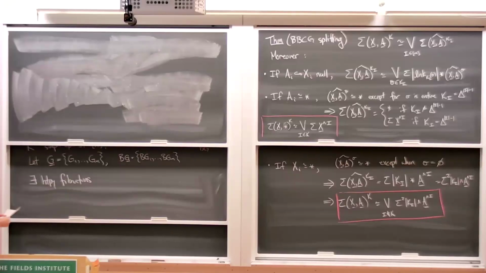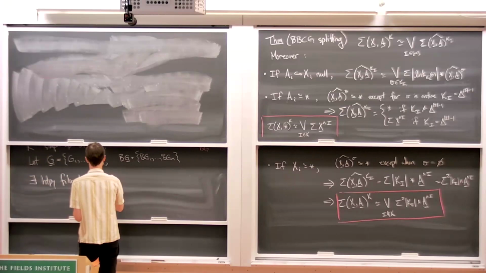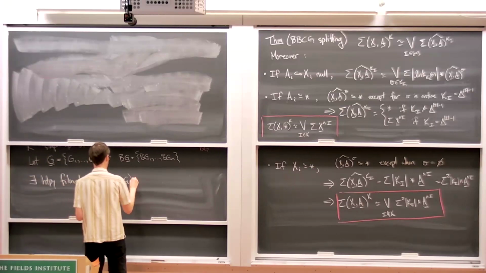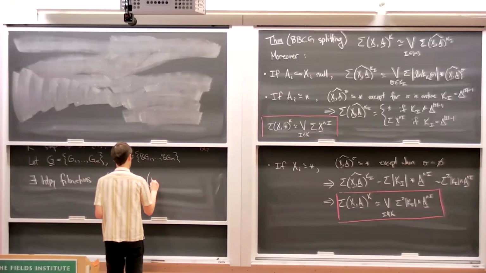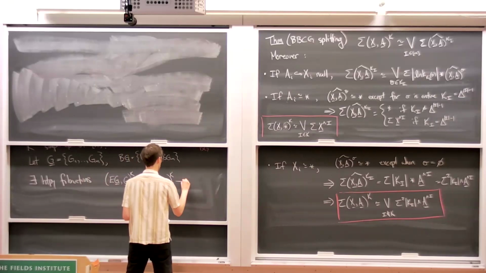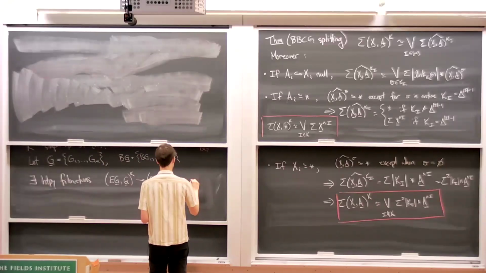And that's exactly right. It turns out that there exist fibrations of the form (EG, G) to the K, the polyhedral product, mapping into (BG, star) to the K. And then this is just an inclusion into the full product of classifying spaces, just like with Davis-Januszkiewicz.